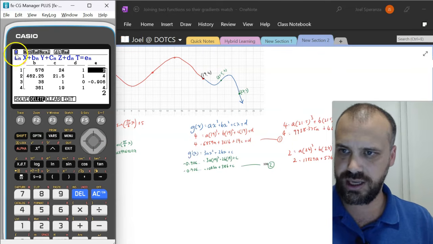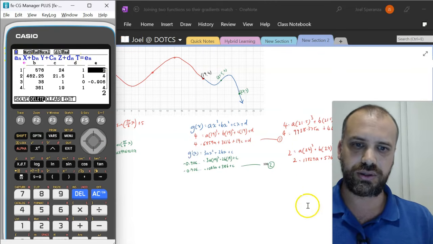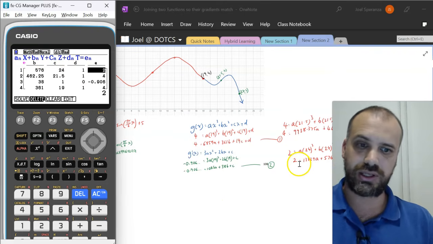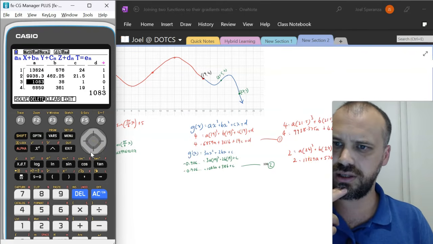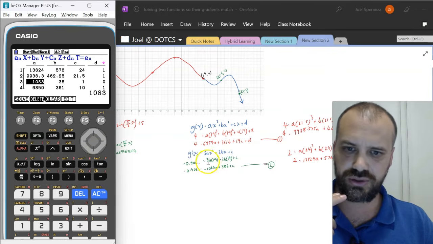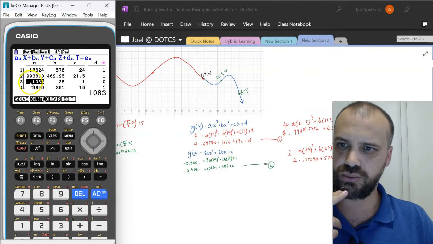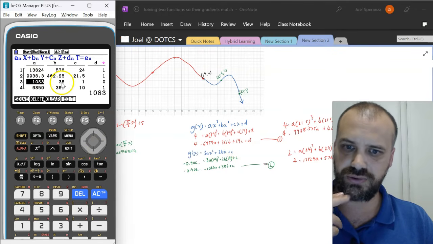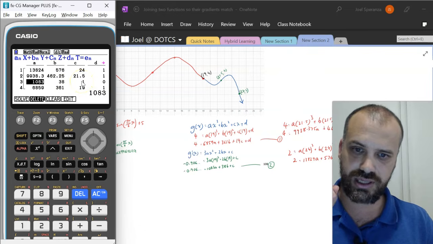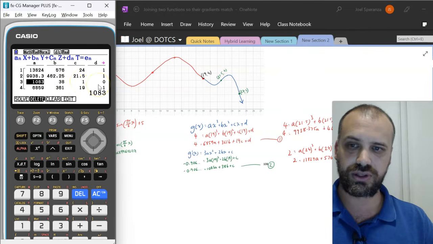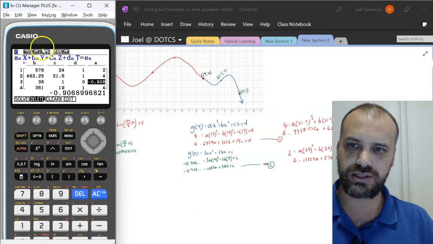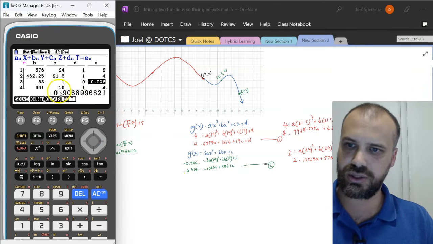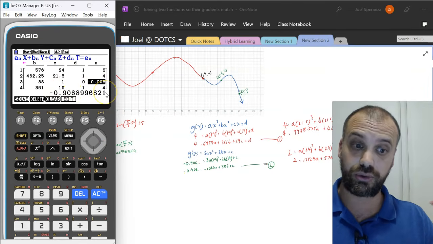So the way that this is set up tells you how to set it up here, but the thing that the equation is equal to needs to be on the far side. The only interesting thing here maybe is for this equation, I had to do 1083.38 for the B value, 1 for the C value, and 0 for the D value because there's none there, and then that negative 0.906. Now it looks like it's rounded there, but you can see I've entered the whole thing.